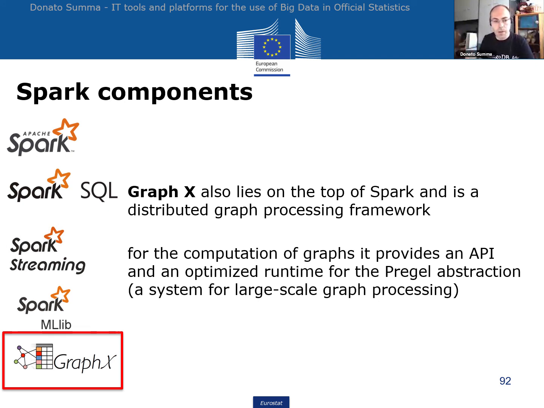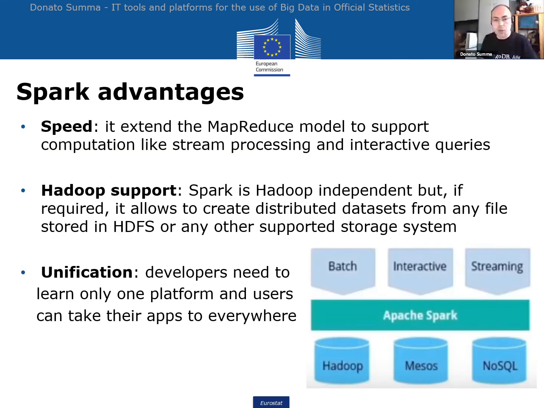Okay, so we don't have so much time left. So briefly, let's explain the main advantages of Spark, and then we will move to the last two topics of this presentation. So for now, let's talk about Spark advantages. The first advantage of Spark is, of course, its speed.